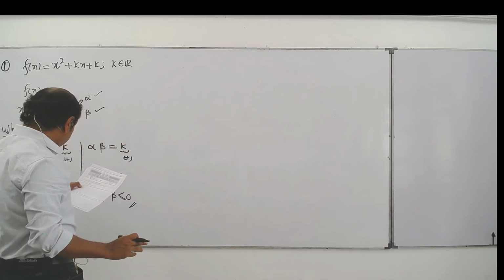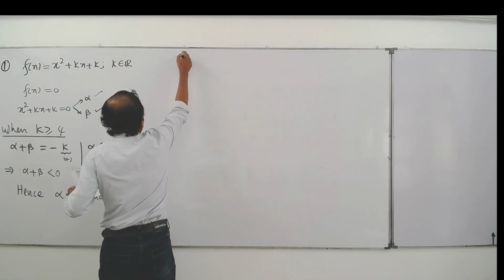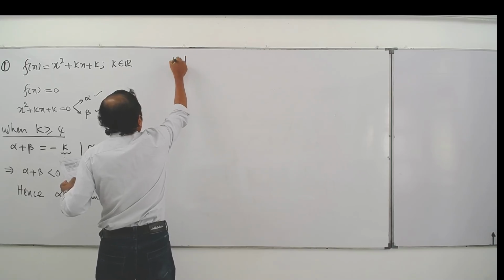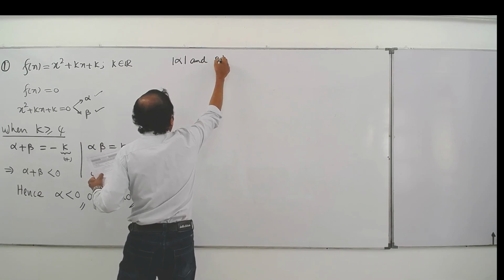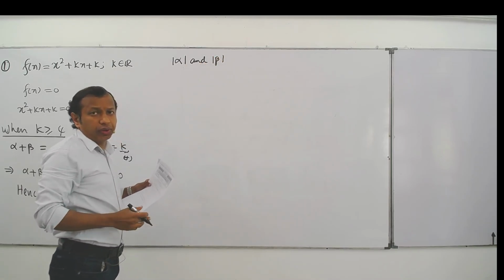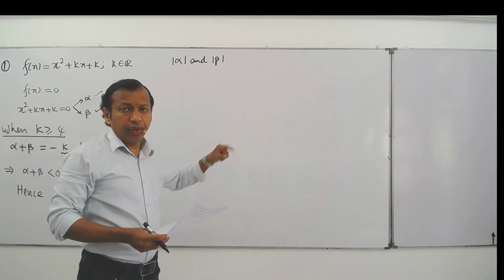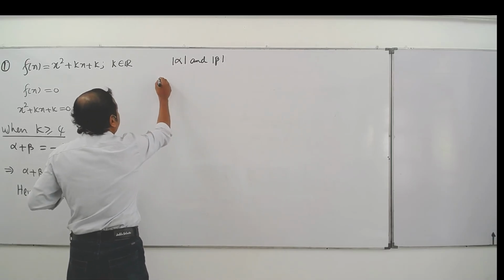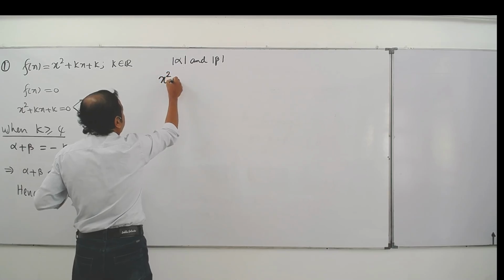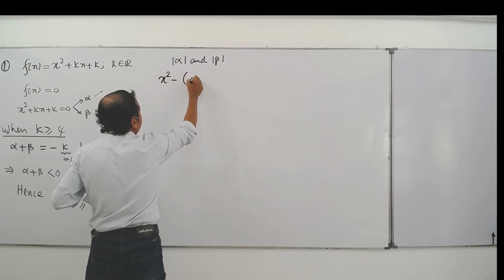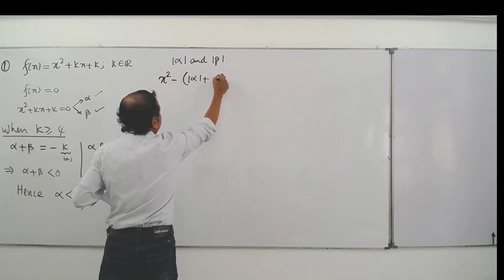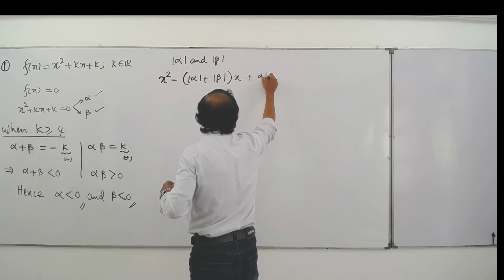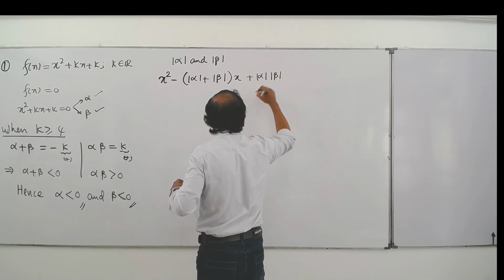The two roots given are mod alpha and mod beta. We need to find the quadratic equation with mod alpha and mod beta as the roots. When you are given the two roots, we can write the quadratic equation as x squared minus the sum of the two roots times x plus the product of the two roots equals 0.